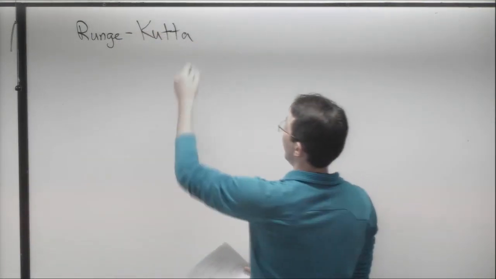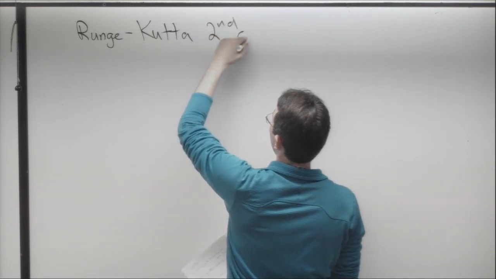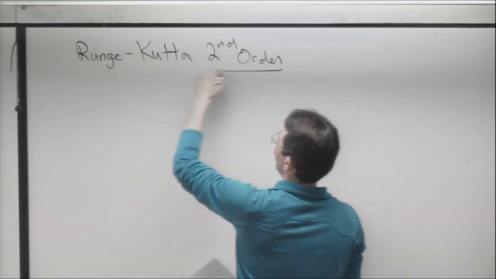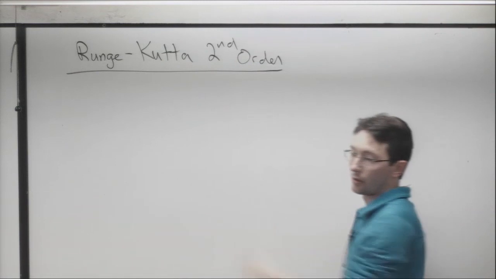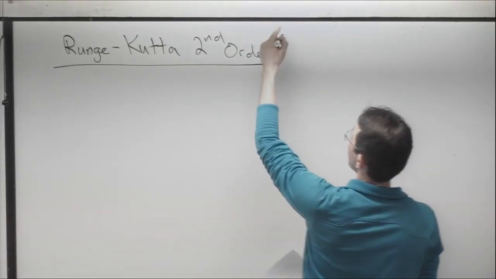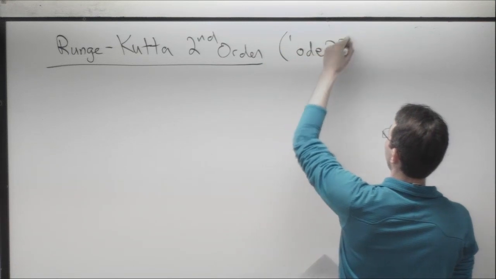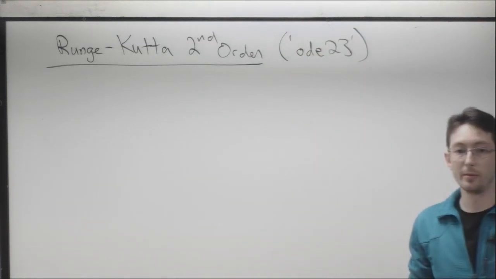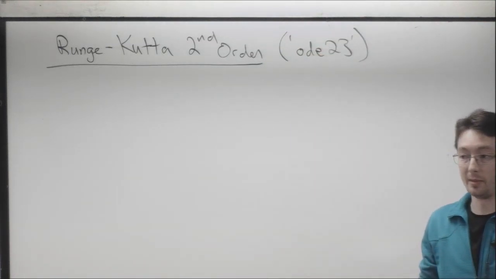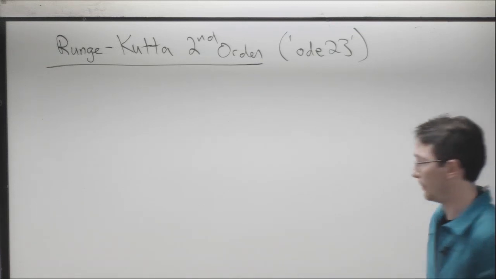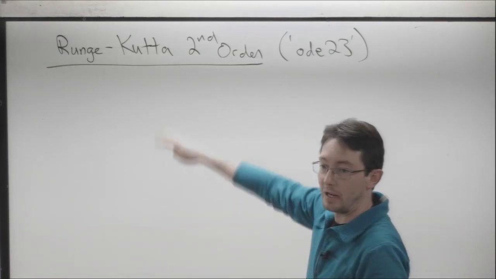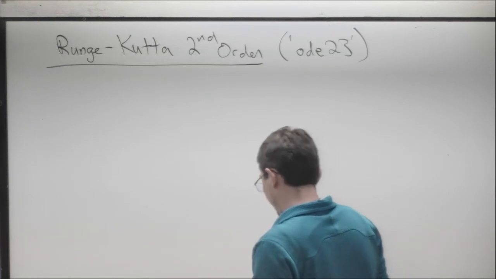Okay, so Runge-Kutta second order. And when I say second order, I mean second order globally. And in MATLAB, this is the ODE 2,3 function. So we've been doing ODE 4,5, which is a little bit better, more accurate. This is the baby version, Runge-Kutta.